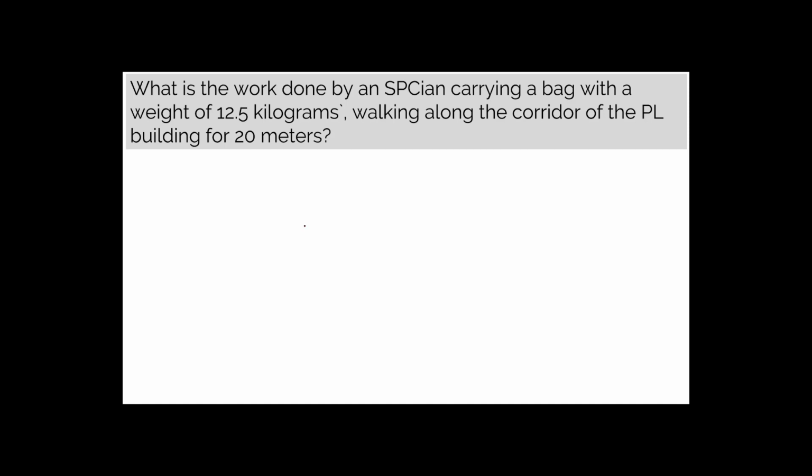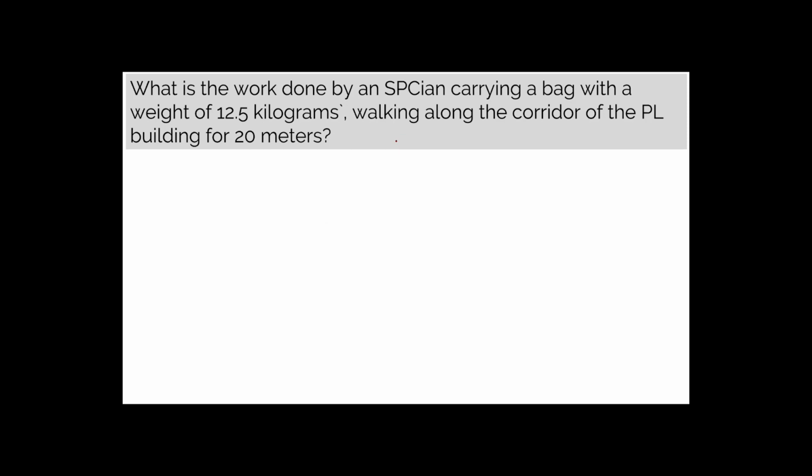So how can we identify the force applied? So since there is no specific force applied to the object, then we will look for a different given which can lead us to the force applied to the object.